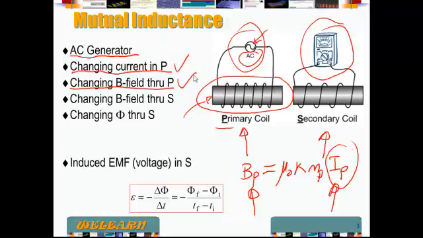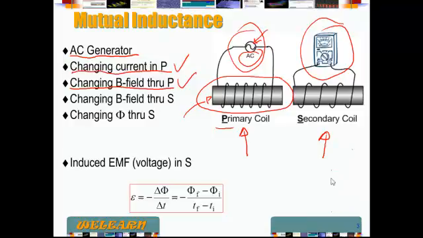Now, the fact that these two coils are in proximity of each other means that the secondary coil is going to experience the magnetic field produced by the primary coil. And since that magnetic field is changing, the secondary coil is going to experience a change in magnetic field.